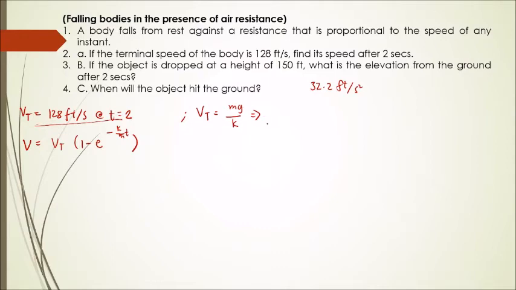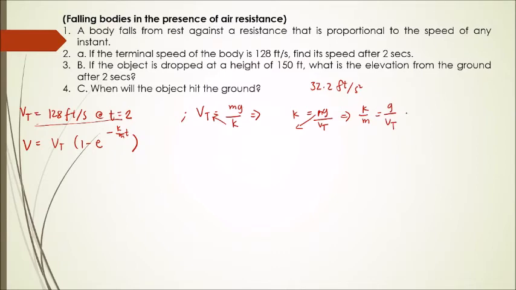We can exchange them: k equals mg over vt. Then put here m. This is k over m equal to g over vt.